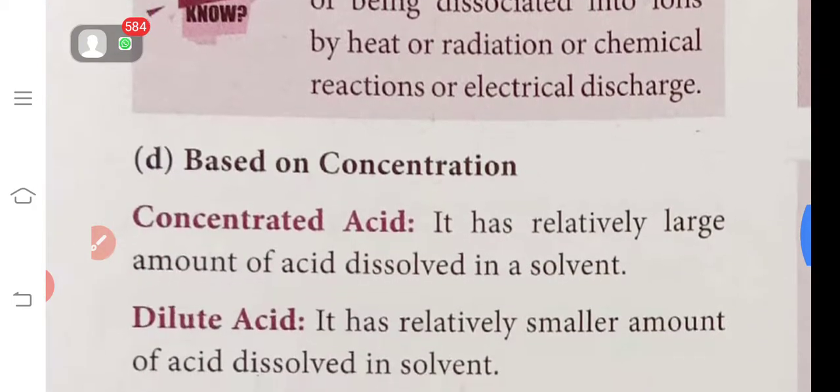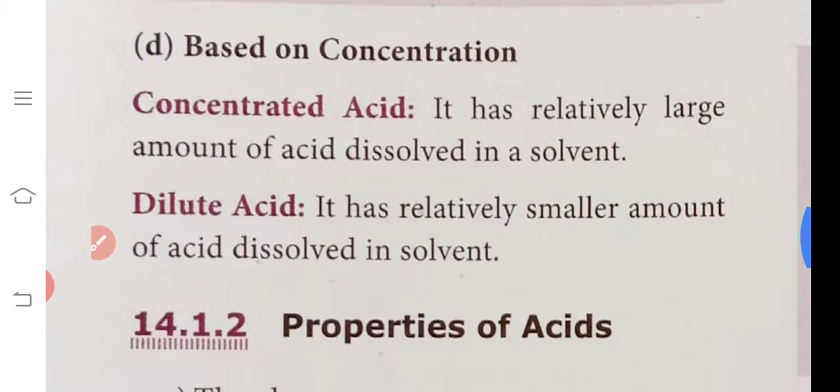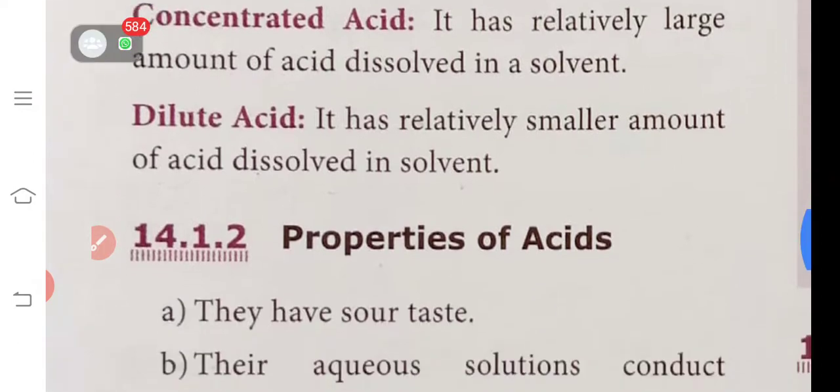Then next one, concentration. Concentrated acid has a relatively large amount of acid dissolved in a solvent. Dilute acid has a relatively small amount of acid dissolved in a solvent.